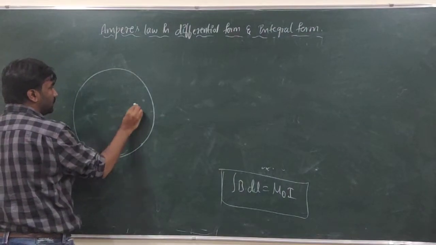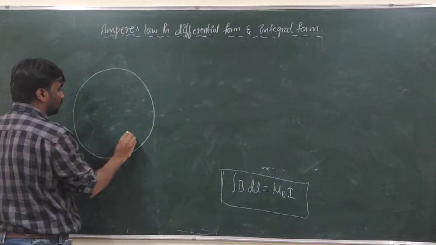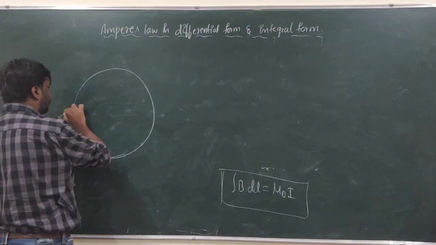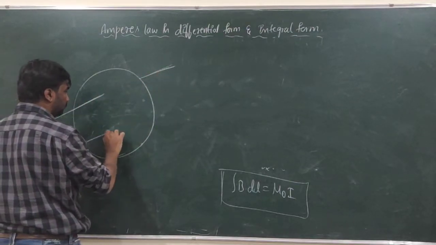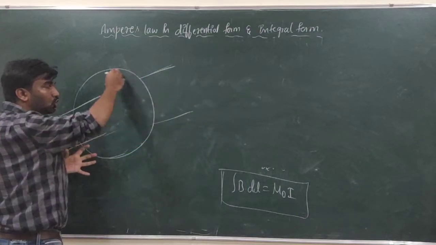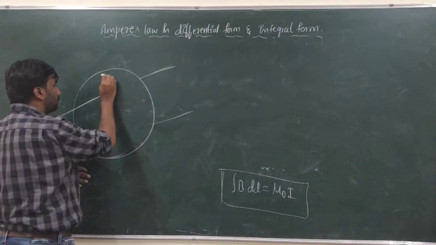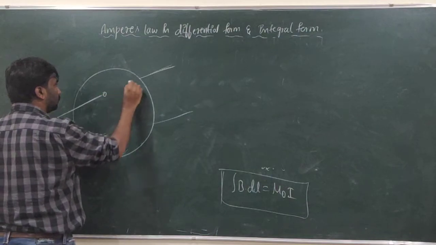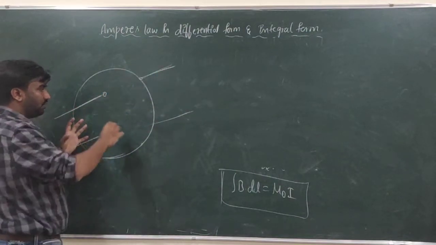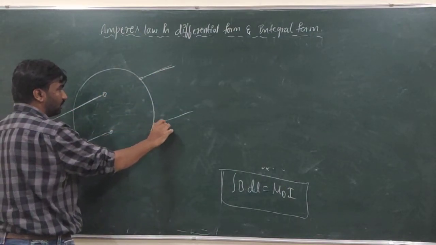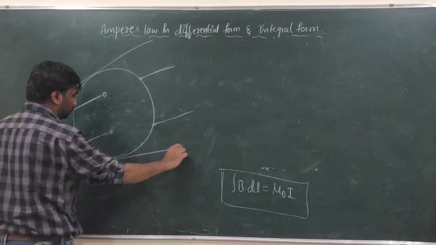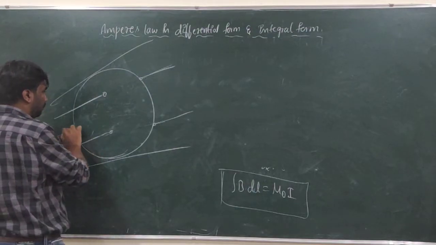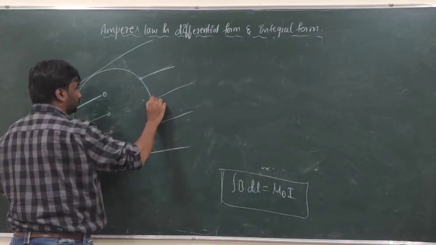Suppose this is our closed loop, and I have n number of current wires which pass through our closed loop, like this.